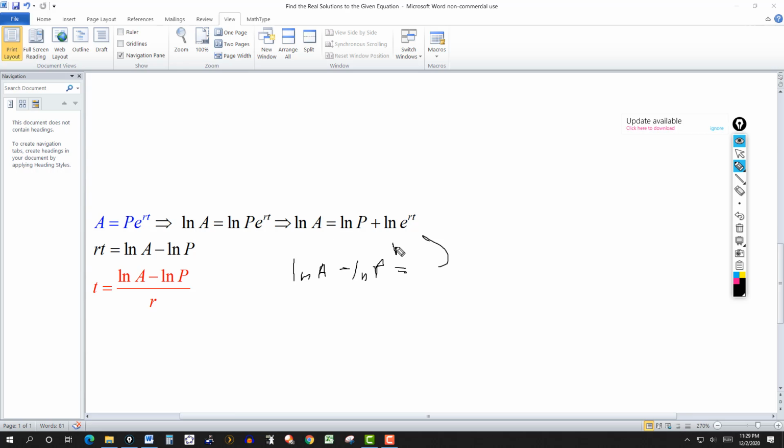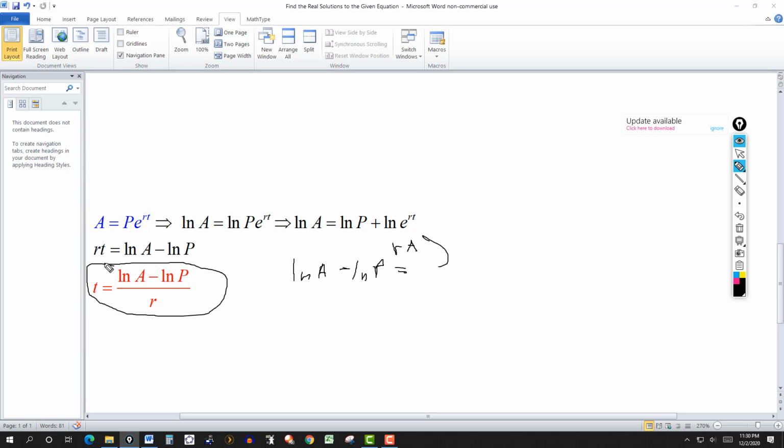So this is just RT. And then I just reverse the sides. So I put the RT on this side, and then ln of A minus ln of P over here, divided both sides by R. And I got the original formula.